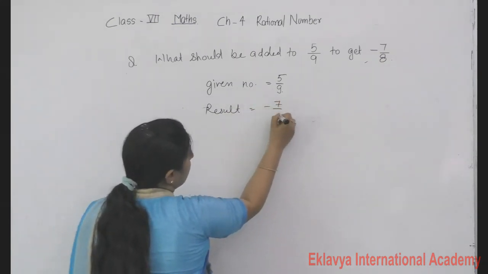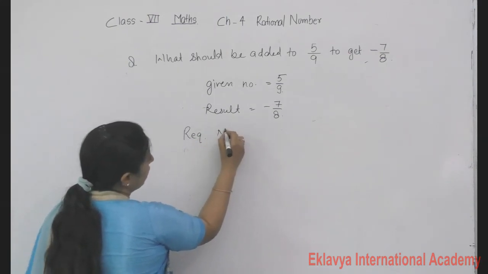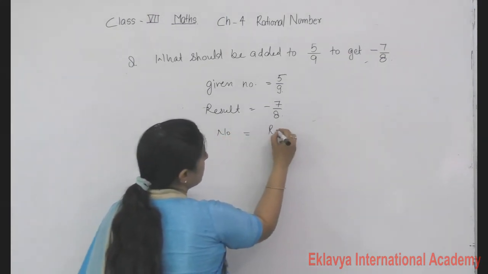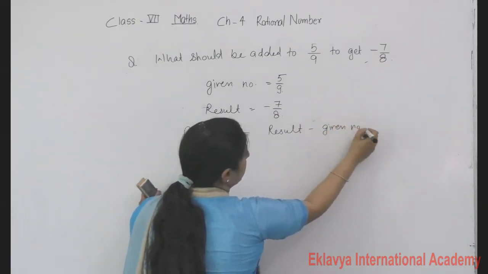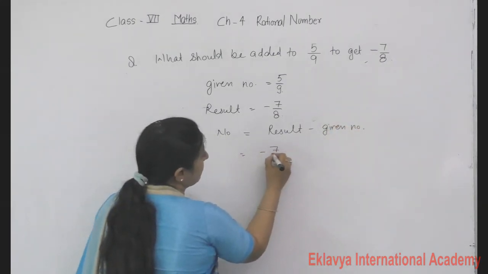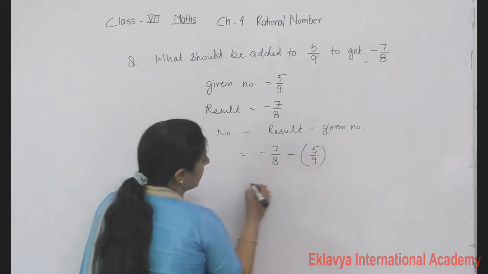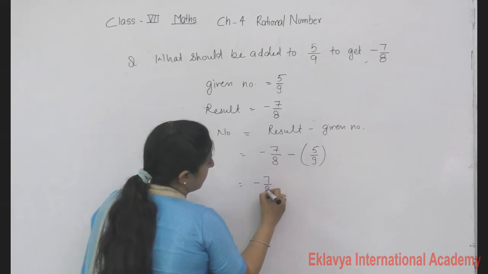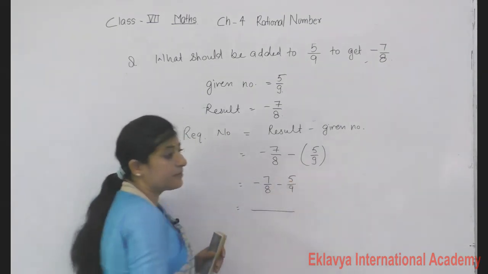Minus 7 by 8. I already said if you want to use direct formula, then required number is result minus given number. Result minus 7 by 8 minus 5 by 9. Take LCM.